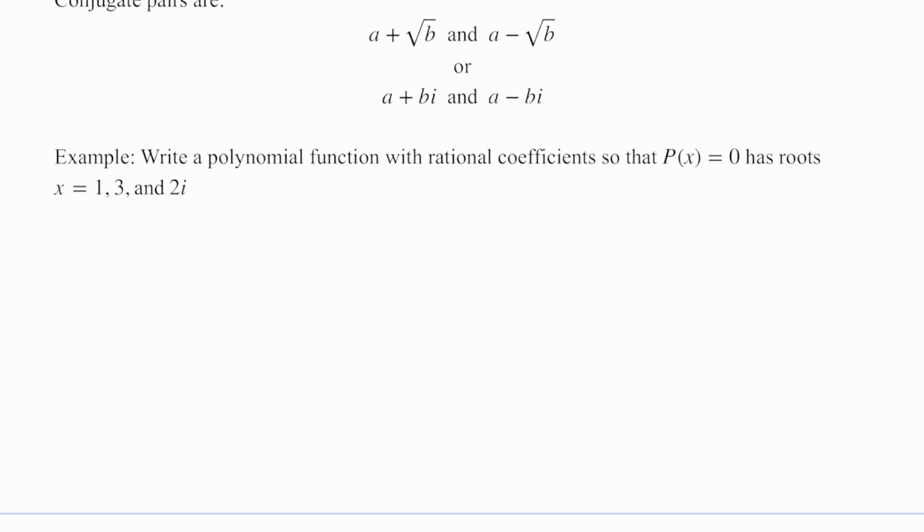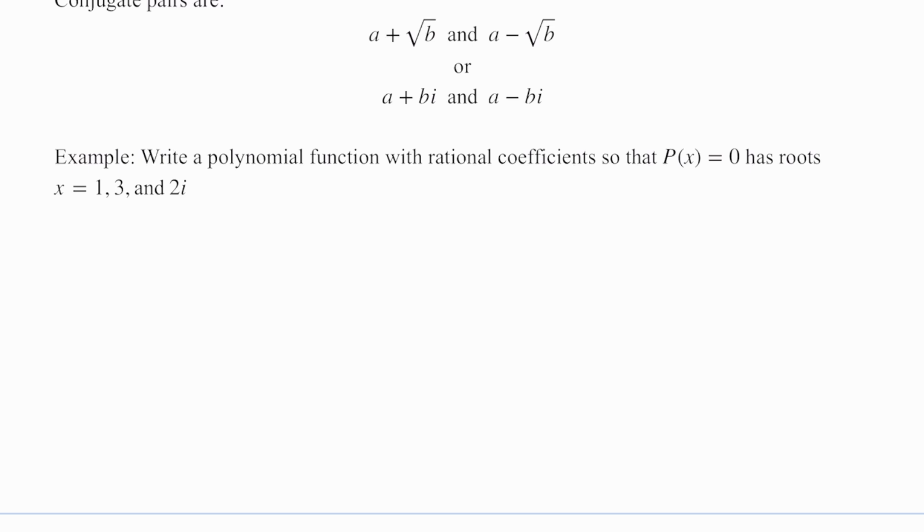We've done some of these examples before with all positive integer solutions. This is a situation in which we have a complex number as one of our roots. In this case, we have 2i. But we can tackle this problem the same way that we would if we had just all rational integer solutions.